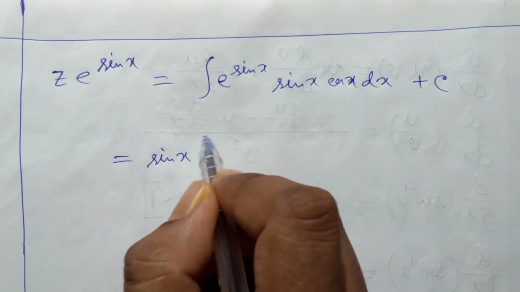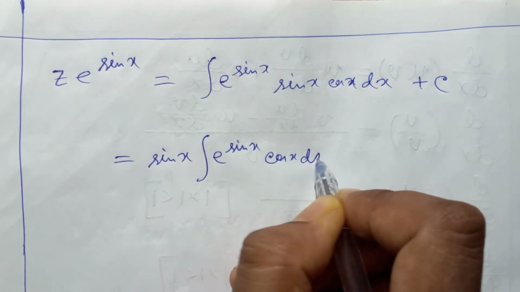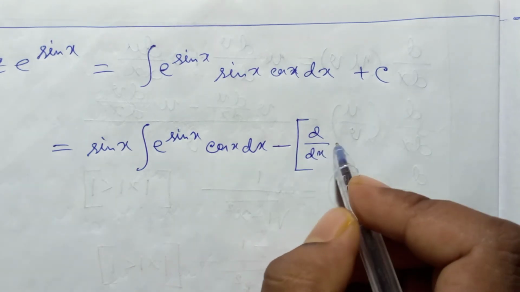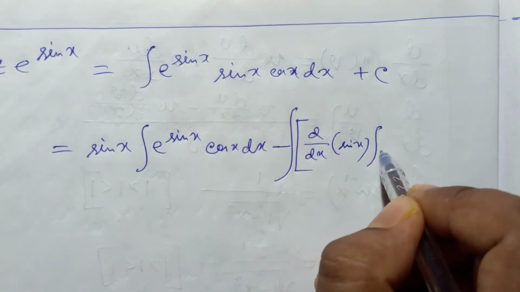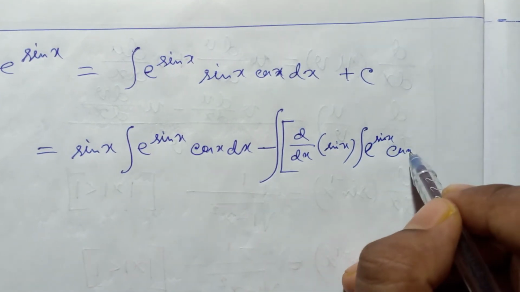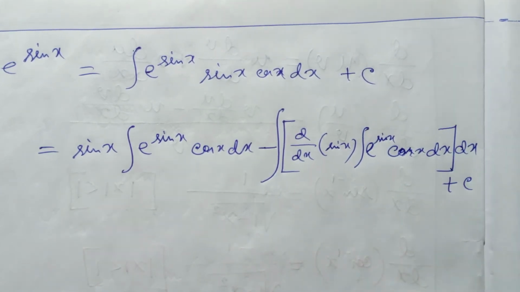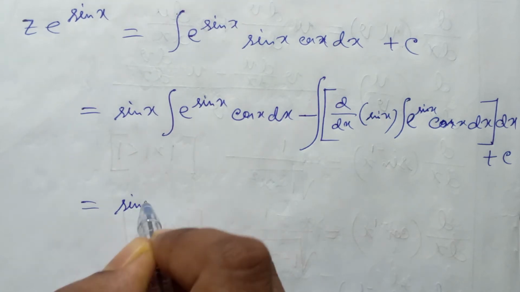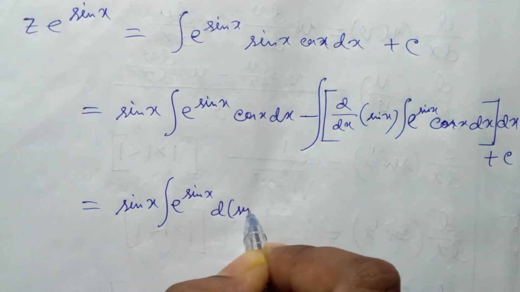Sin x integration over e to the power sin x cos x dx minus integration over d by dx of sin x into integration over e to the power sin x cos x dx whole dx plus c, which is ultimately giving sin x integration over e to the power sin x d of sin x.